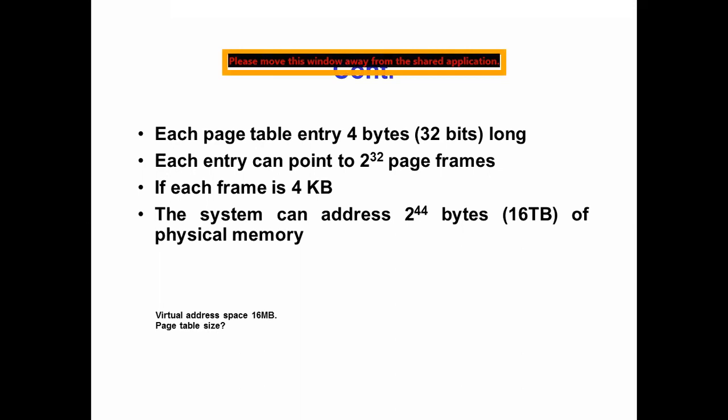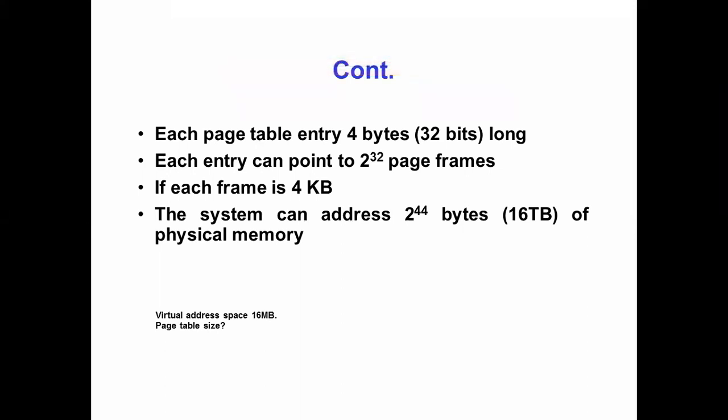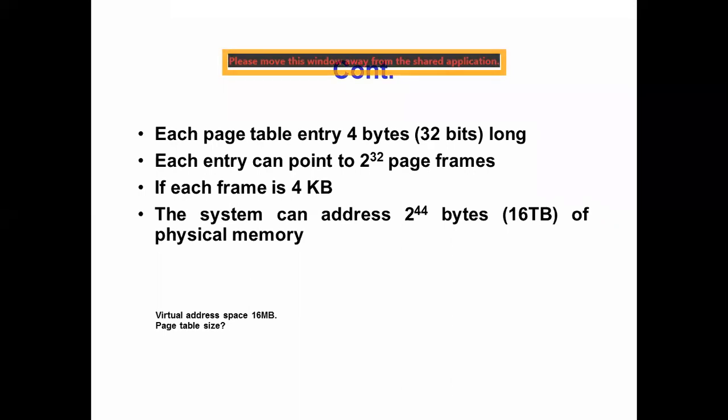If each frame is 4 KB, the system can address 2 to the power 44 bytes, or 16 TB of physical memory. Up to how much we can address will depend on the frame size. If each frame is 4 KB, we calculate in the form of number of bytes, because this is kilobytes.